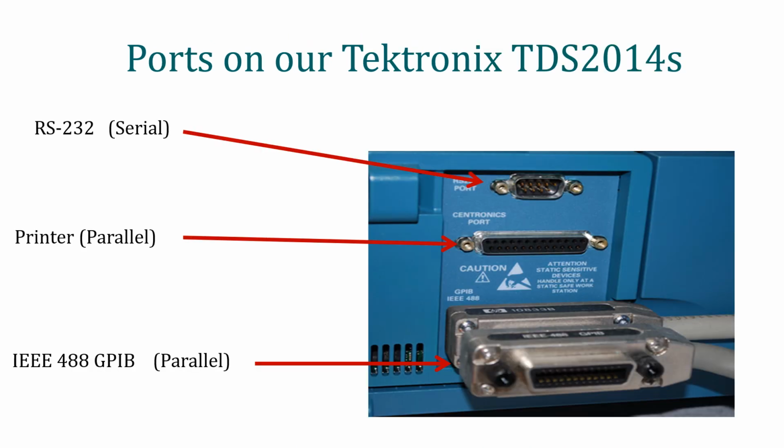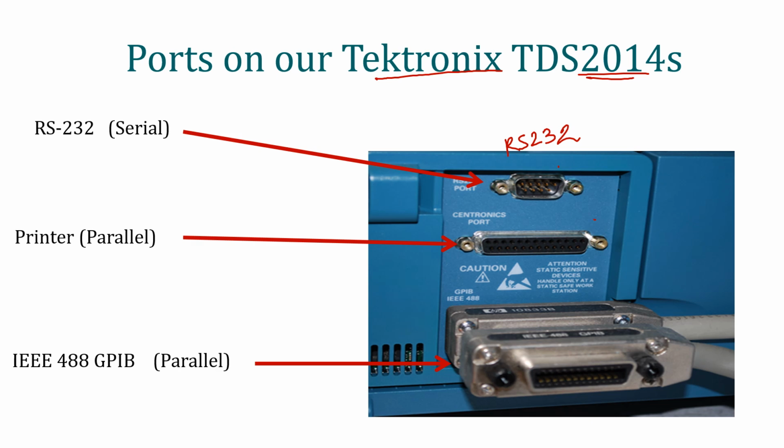This is one example of an instrument which is compatible with the GPIB bus. This particular device is a Tektronix oscilloscope. This is the model number of this oscilloscope. Now, this oscilloscope is available with a serial port, that is RS232. Then we have the printer or parallel port.